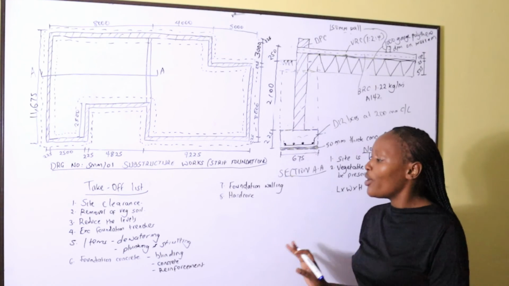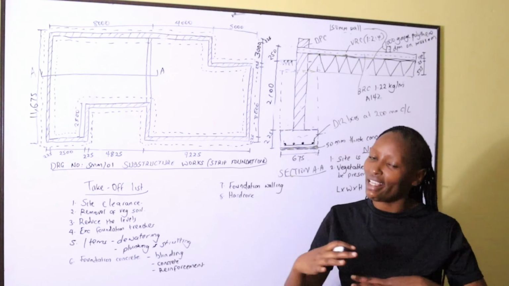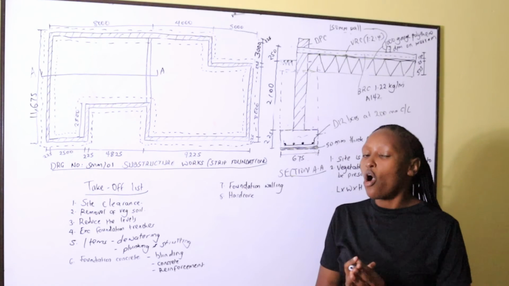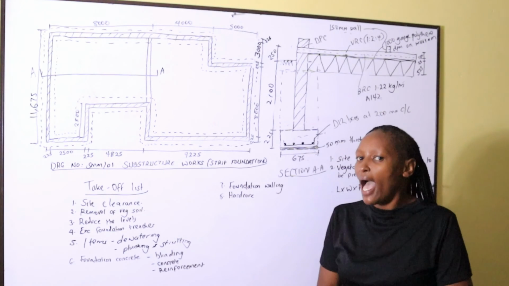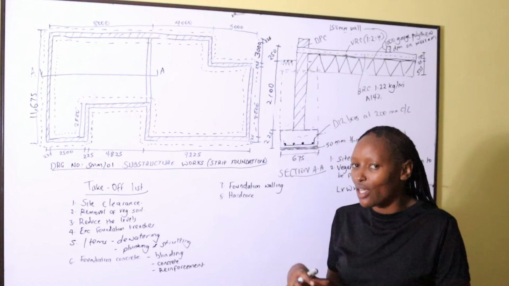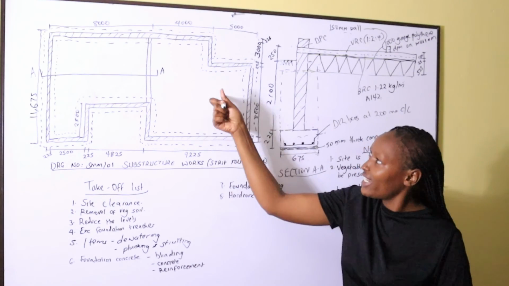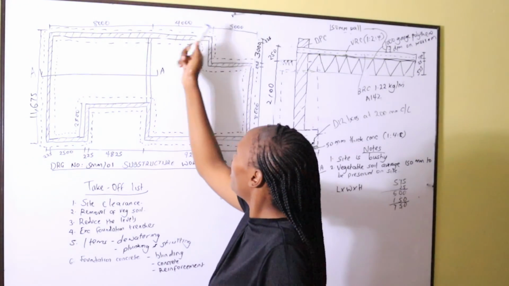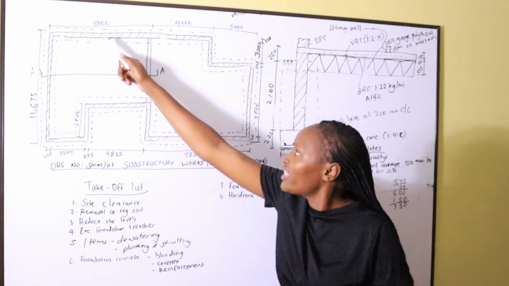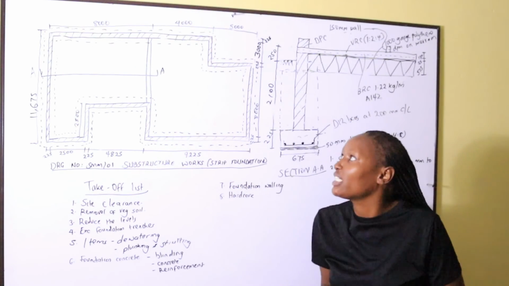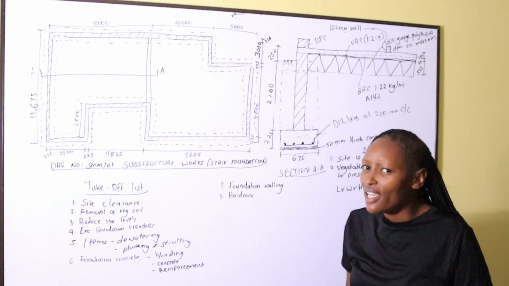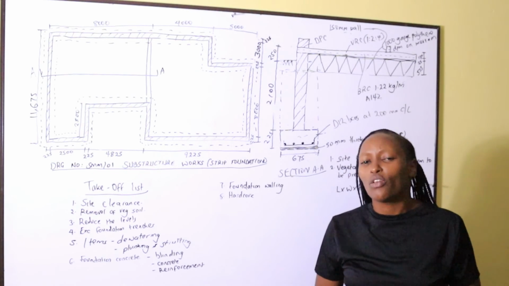Now, for the hardcore, we usually take the internal dimensions of the building. Hardcore is laid inside the walls. So in a case like this one, if the external dimensions were 8,000 plus 4,000 plus 5,000, giving us 17,000, 17,000 cannot be the length of the hardcore.